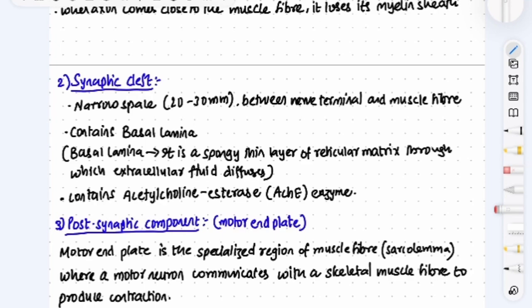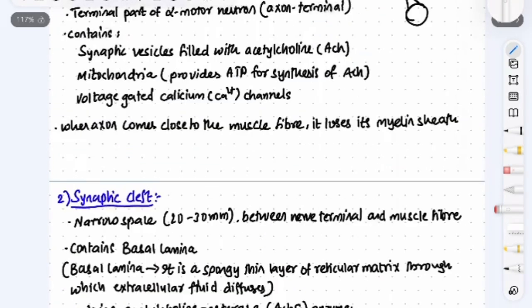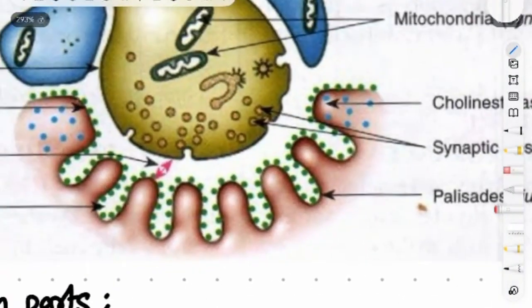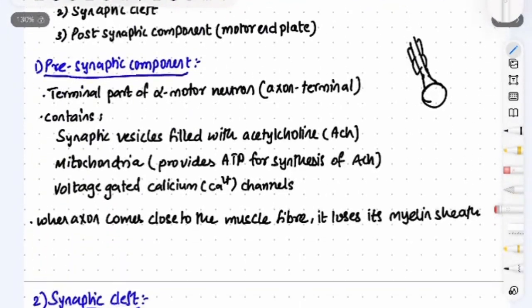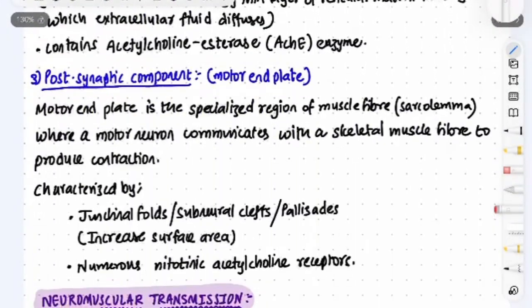We'll be talking about the significance of this enzyme in this video after some time. So the synaptic cleft contains the basal lamina, that is the extracellular matrix, and an important enzyme, acetylcholine esterase.